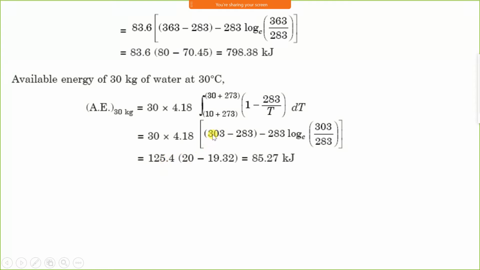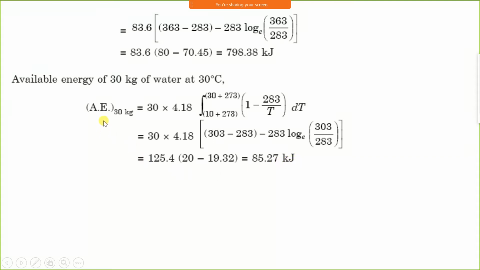Then upper limit minus lower limit. Upper limit is 30 plus 273, that is 303, minus lower limit 10 plus 273, that is 283, minus this is a constant 283 ln upper limit upon lower limit. Upper limit is 303, lower limit 283. After calculation, we will get 85.27 kilojoule.